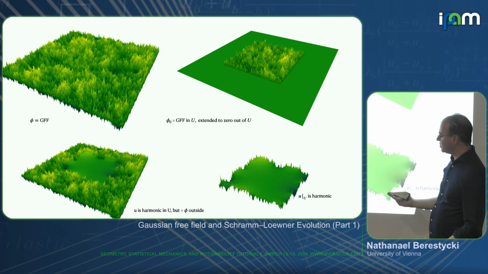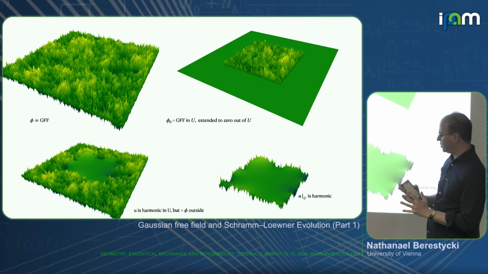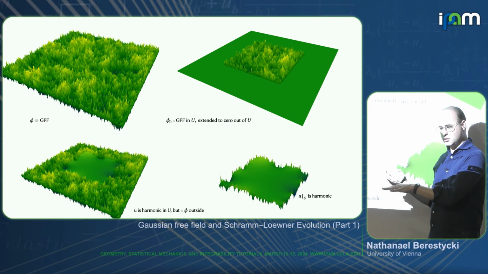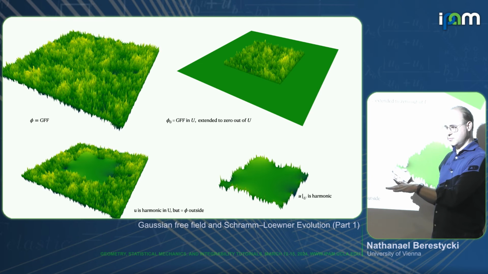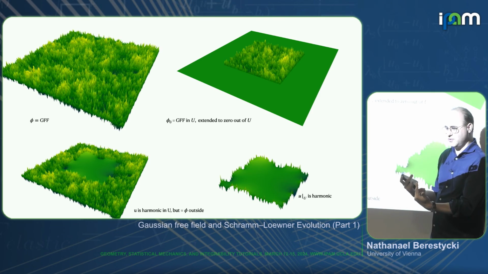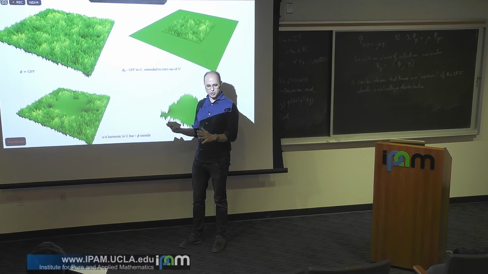And the theorem tells us, conditionally on that, we can write phi as phi 0 plus u. So u inside the domain will be just the harmonic extension of this boundary data, of whatever we've conditioned on. So this is like the conditional value at every point of the field, given the information outside. That's actually a harmonic function.